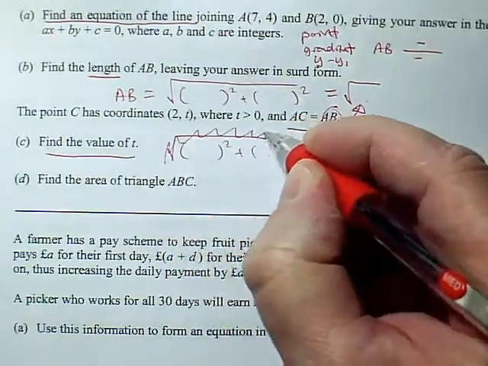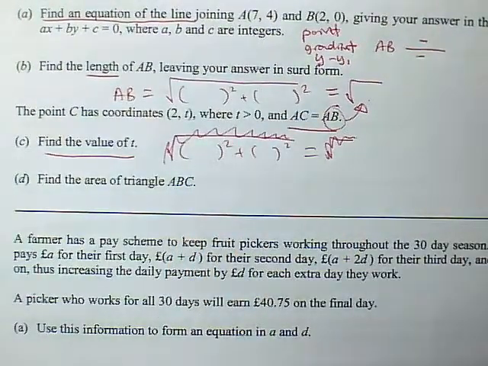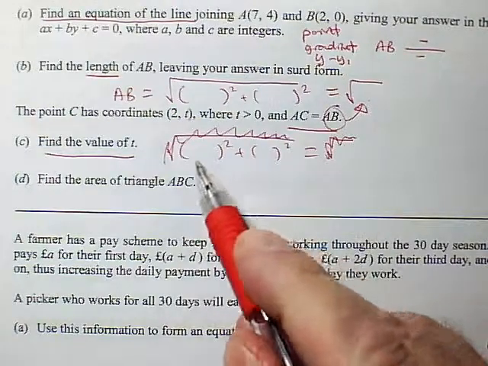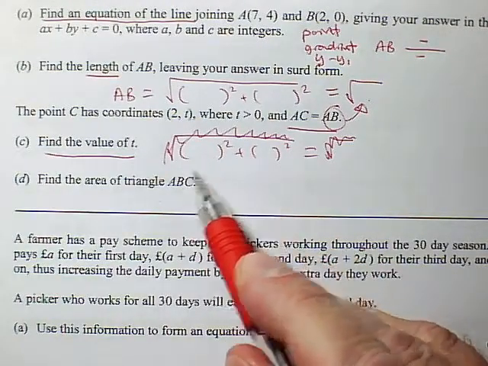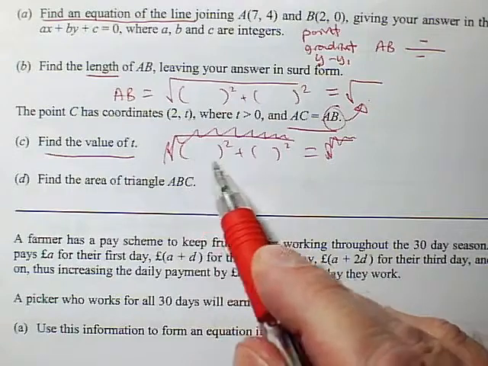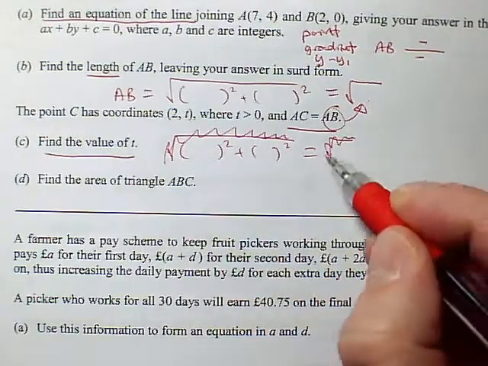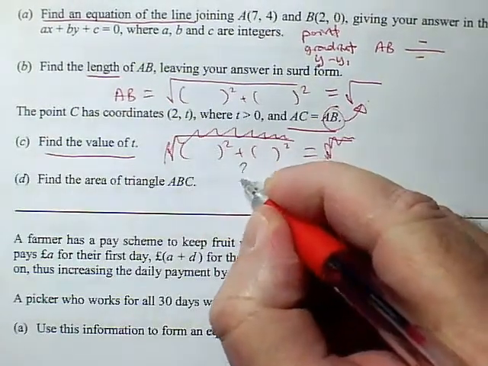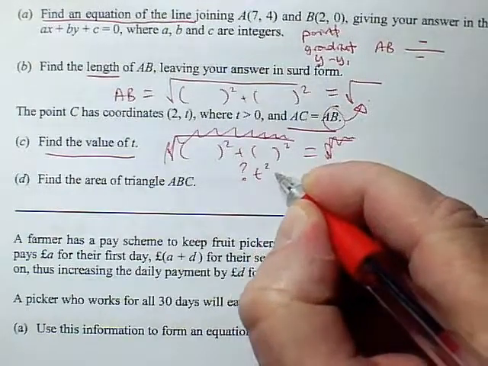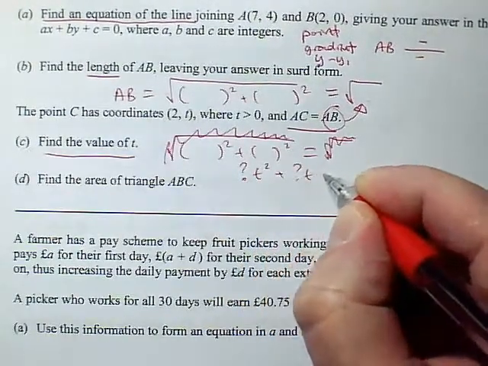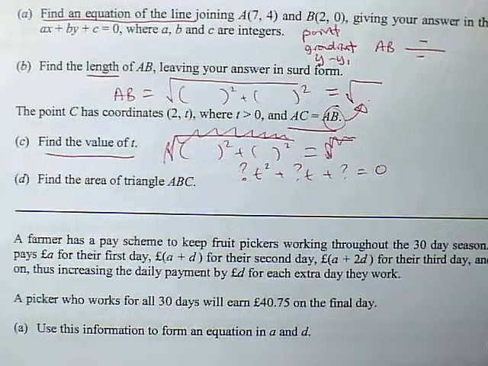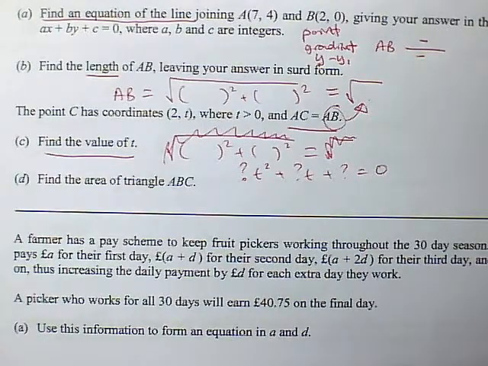So in fact, you could even not write them in the first place, the square roots will just disappear. Multiply out these brackets, one of them will have a t in it, so you'll have t squareds and t's when you multiply out. This will just be a number, so you're going to end up with a quadratic equation, some number of t squared plus some number of t plus some number equals 0. Solve your quadratic in the normal way, and that will give you an answer.